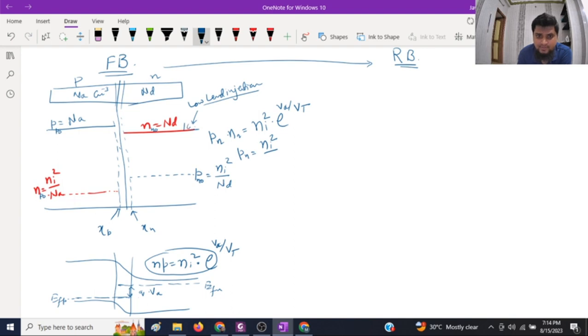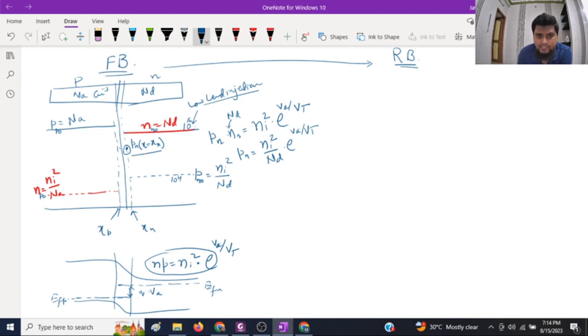Okay, so this is of the order of 10 to the power 16 or something, and this one is 10 to the power 4, like this. And that is quite high. So you can simply write it as ND, e to the power VA upon VT. Okay. So this is the charge over here, that is Pn at x is equal to Xn.